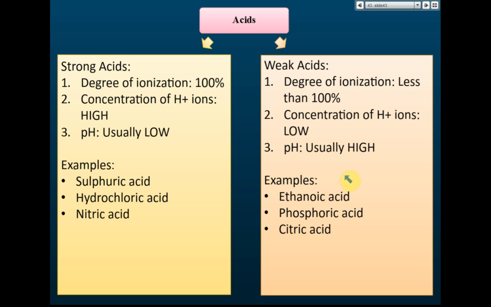That gives a wrong impression that this is the strongest acid, but actually we don't have a strongest acid, okay? We just have strong and weak acid, that's all, okay? You cannot say this one is stronger than that one, because both ionize 100%. If both ionize 100%, how do you tell which one is stronger, right?